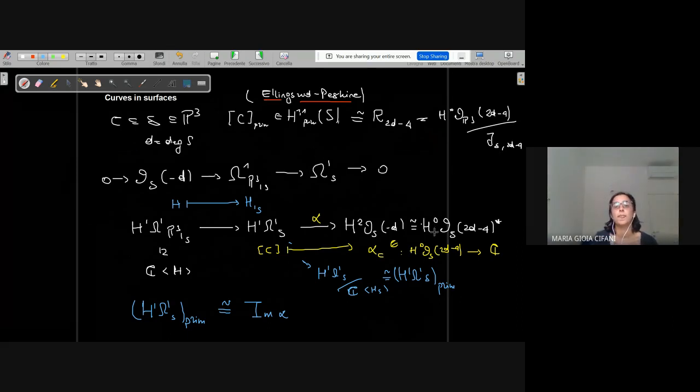So the image of alpha is exactly the R to the minus 4, using the dual of alpha. So it is exactly a way to reproduce the isomorphism of Griffiths.